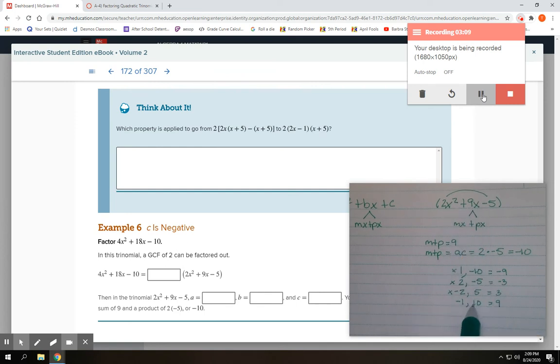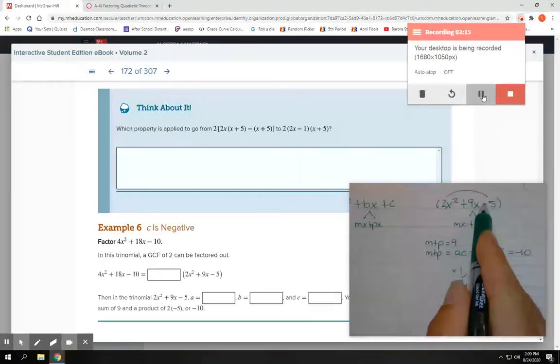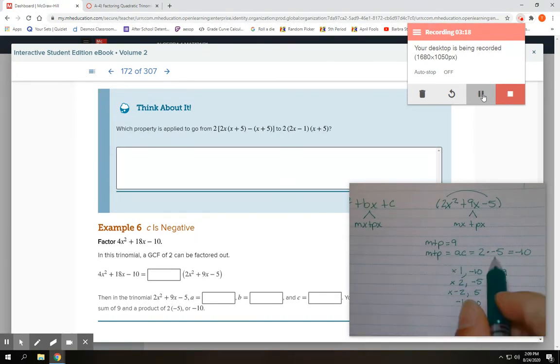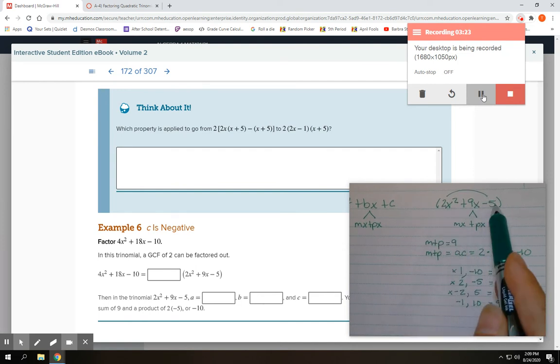And we decide which way we want to go by looking at what they're going to have in common. Is negative 1 going to have anything in common with 2 or negative 5? Is 10 going to have anything in common with 2 or negative 5?